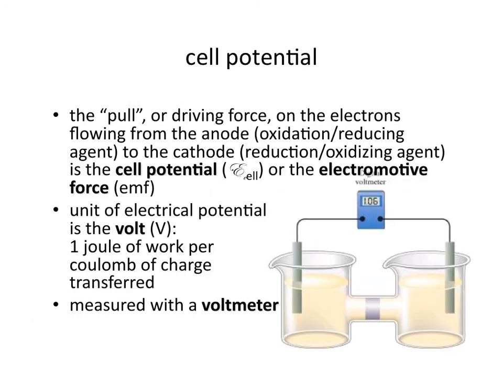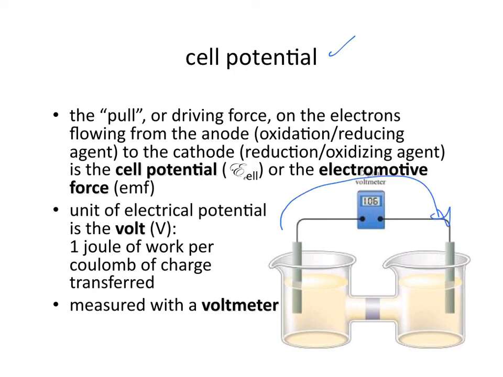So the last thing we're going to talk about here for this unit is cell potential. We'll talk about this in much more detail the next time we revisit this during second semester. But what we need to understand is cell potential is basically the measure or the outcome of the movement of electrons from one cell into the other.